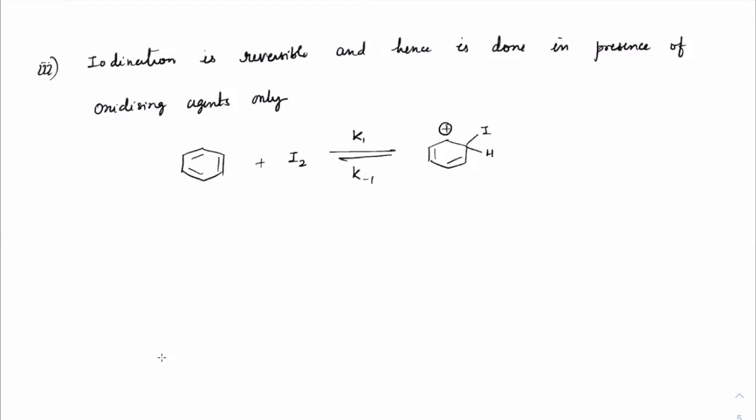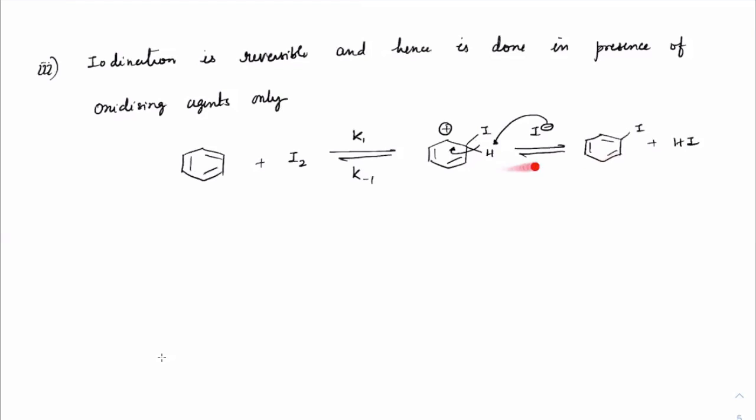Let's say this is how we have it, with the double bond on this side. Now, the I minus which is formed here will extract this proton. What we are expecting is that this bond will break and close as a double bond, so that aromaticity can be retained. Iodine will get substituted, HI is formed.